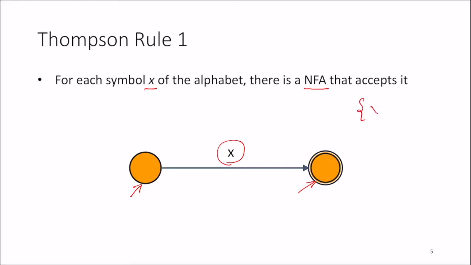So if I have a language containing a single string X, then this NFA is definitely going to recognize that set of strings. Just by construction, you can see that it's trivially true.